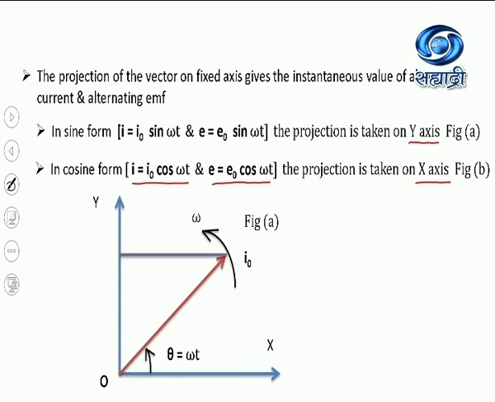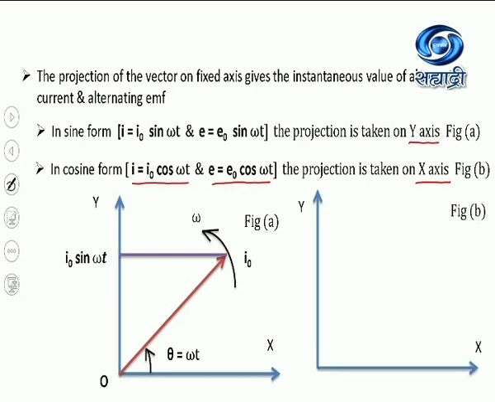This is the first figure. If you take the projection of the current on the y-axis, then on the y-axis what does it represent? It will represent the sine form, and that's why the instantaneous current will be given by I is equal to I naught sin omega t.